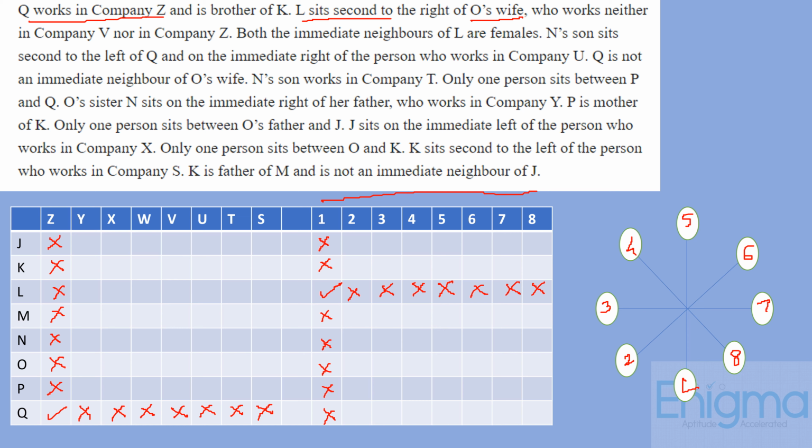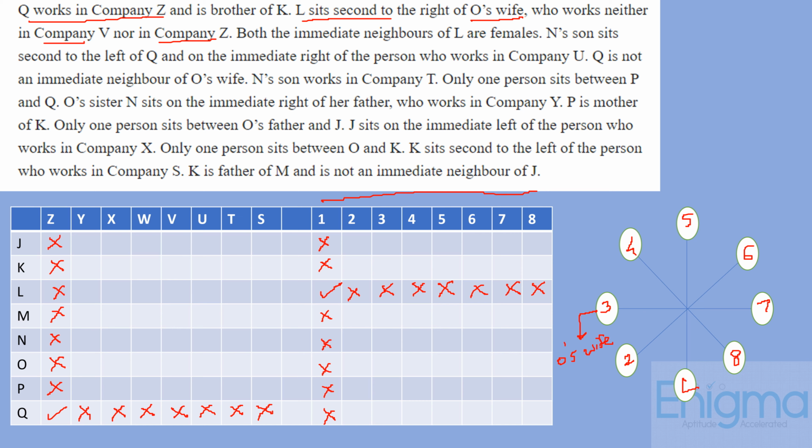As we have assumed position 1 for L, position 3 becomes the position for O's wife. So this is where O's wife will be. Now we don't know who O's wife is, so we cannot use this information.